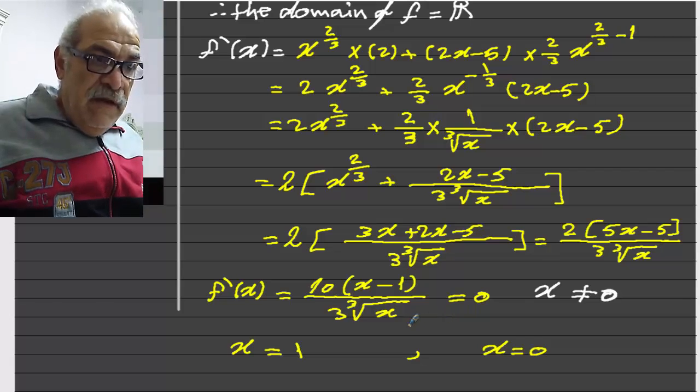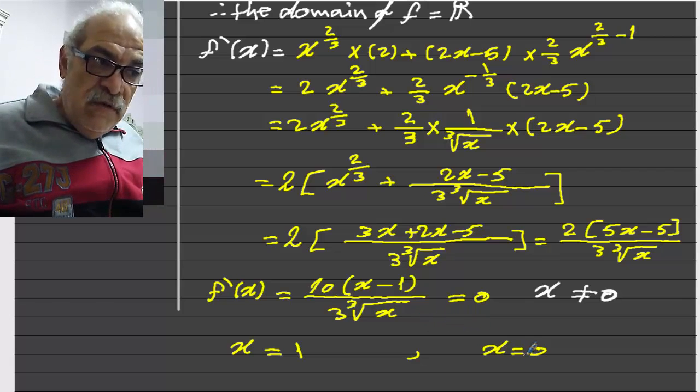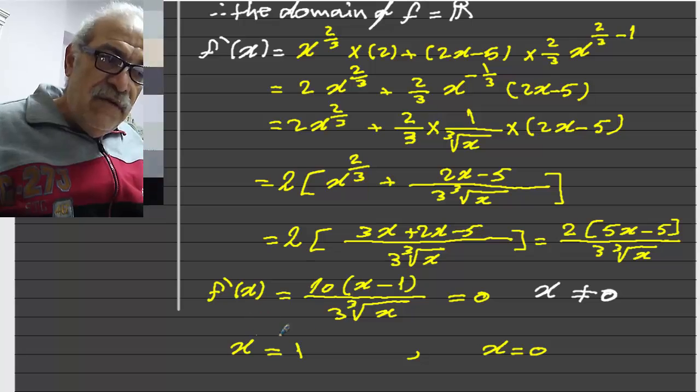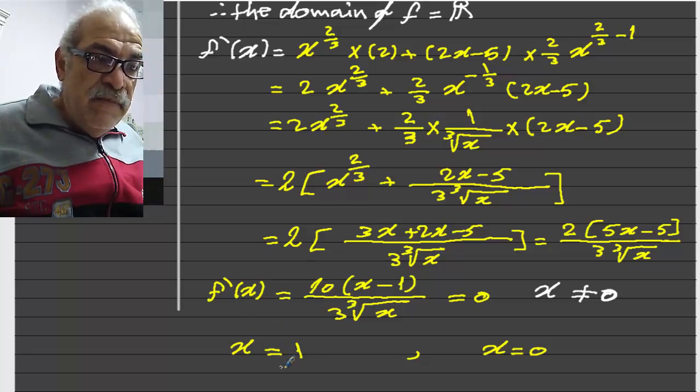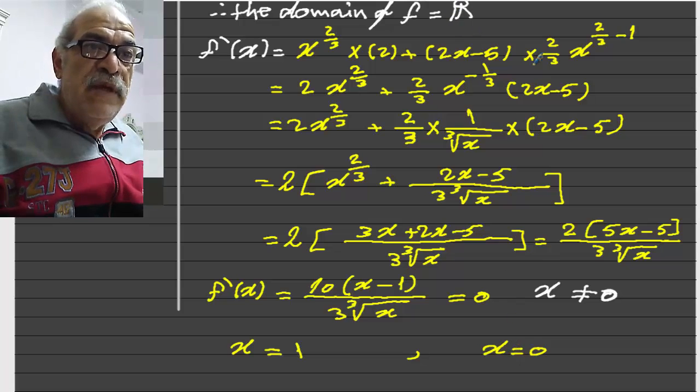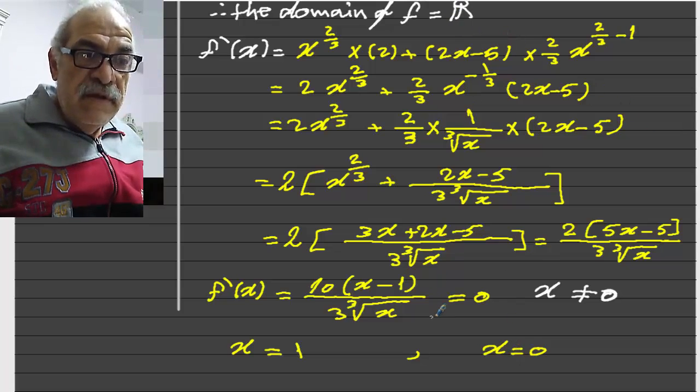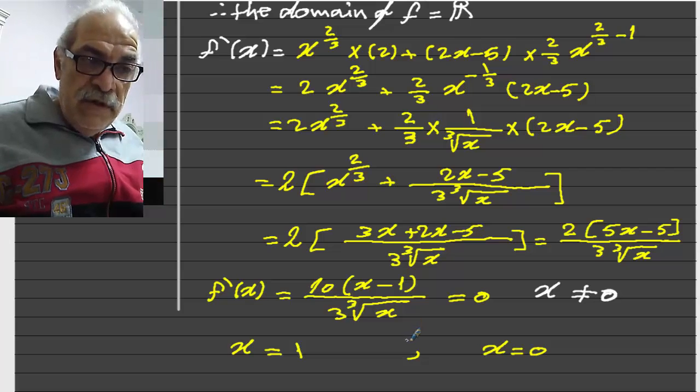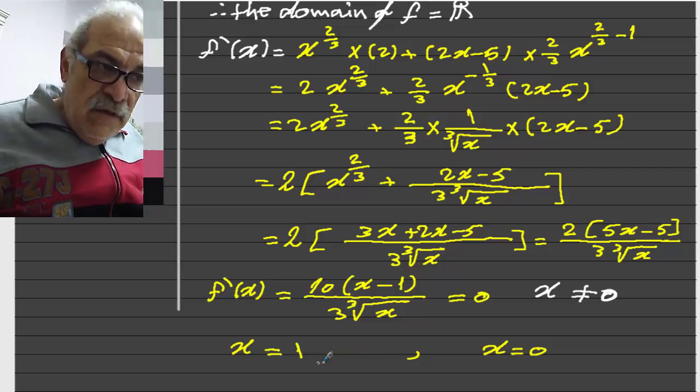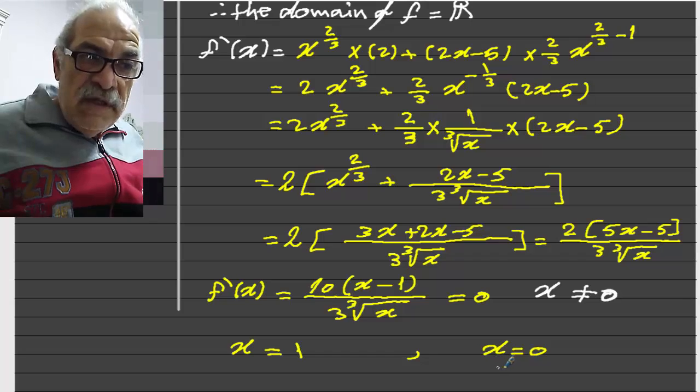So f dash does not exist when x equals 0, and f dash of x equals 0 when x equals 1. Both 1 and 0 belong to the domain of f. So there are two critical points, when x equals 1 and when x equals 0.